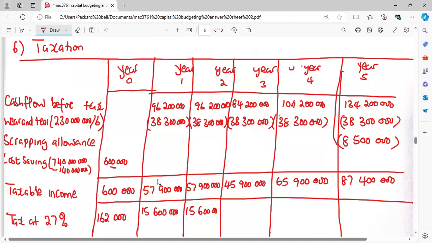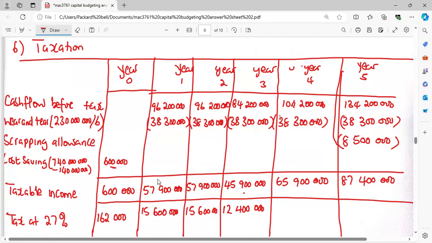Then the third column, 12,393,000. What can we do? Can we round it? Yes, to 12,400,000.